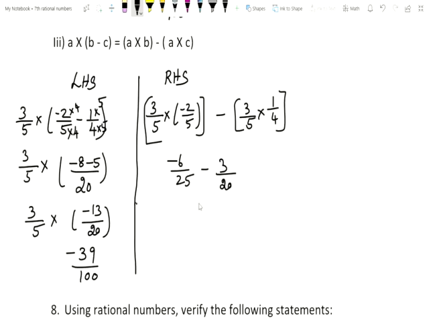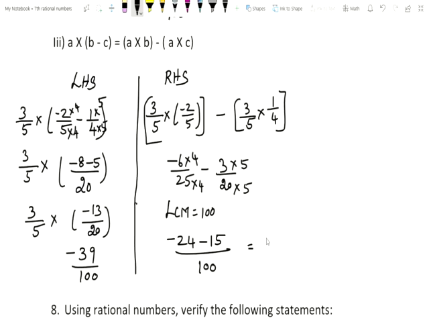We already found the LCM of 25 and 20. So what is the LCM we got? LCM equals 100. So here we need to multiply with the 4, and there we need to multiply with the 5. So minus 24 minus 15 divided by, here the common denominator is 100.